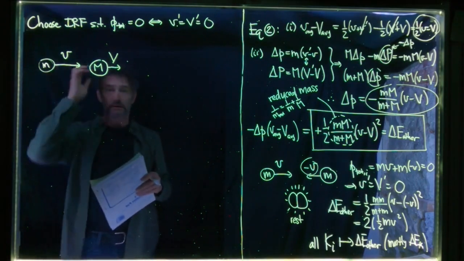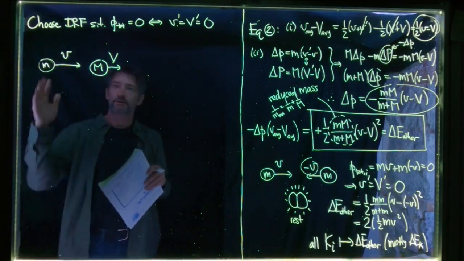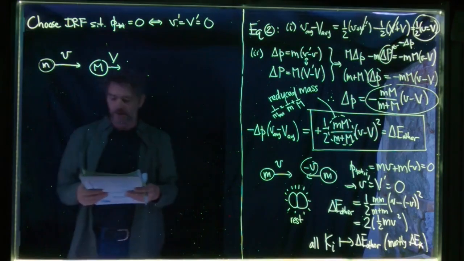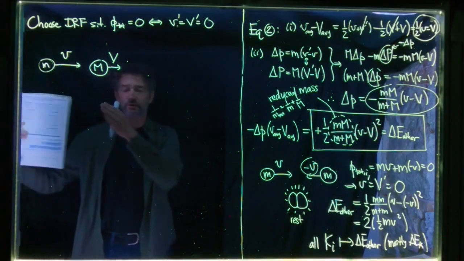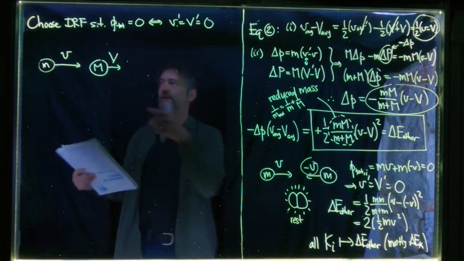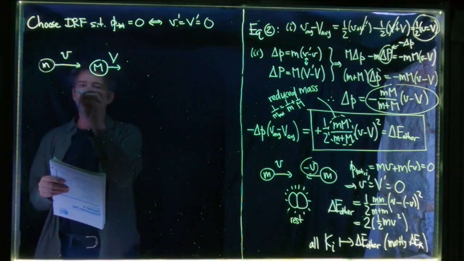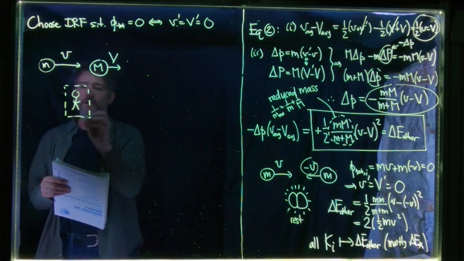Obviously the total momentum in this original system is to the right. Now we're going to put ourselves in a reference frame that's drifting to the right, such that in that new frame we will see a total momentum equal to 0.